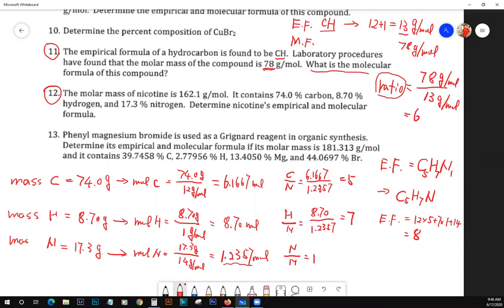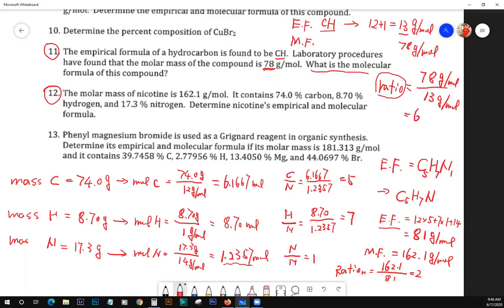This empirical formula is 81 gram per mole. And we know the molar mass of the molecular formula, which the question already gave, is 162.1 gram per mole. So the ratio is the molar mass of the molecular formula divided by the molar mass of the empirical formula. So 162.1 divided by 81. I got 2 here.